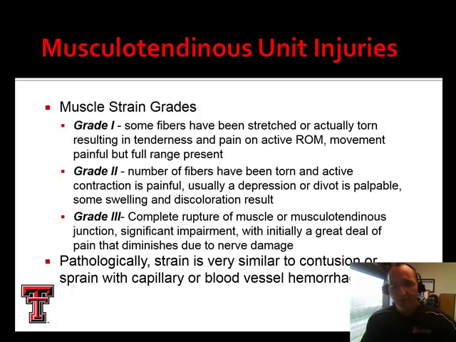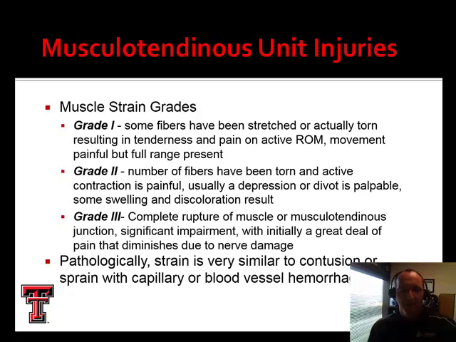With a grade 3, we've got a complete rupture. Lots of impairment here because that muscle is no longer viable. If it contracts, it doesn't produce movement. There may be significant pain when it initially happens, and that may actually diminish because we're not moving the body part anymore.